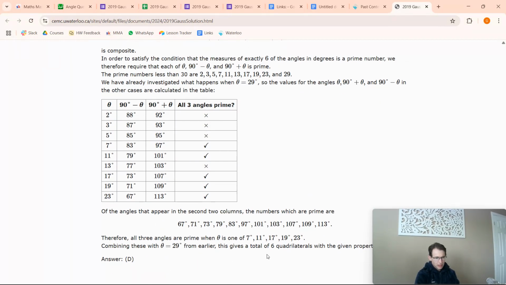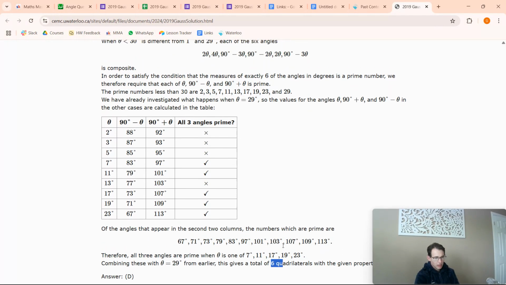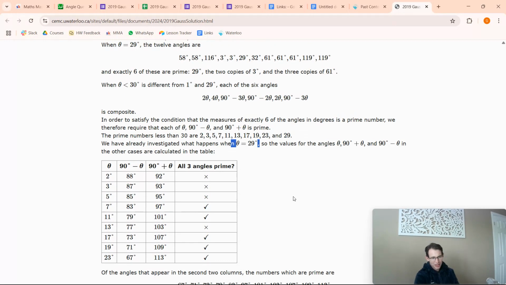D. 6. Woo! 7, 11, 17, 19, 23. There's 5 of them. But then, what about 29? Oh, they had it up here. We've already investigated that. Yeah, I investigated it separately as well.